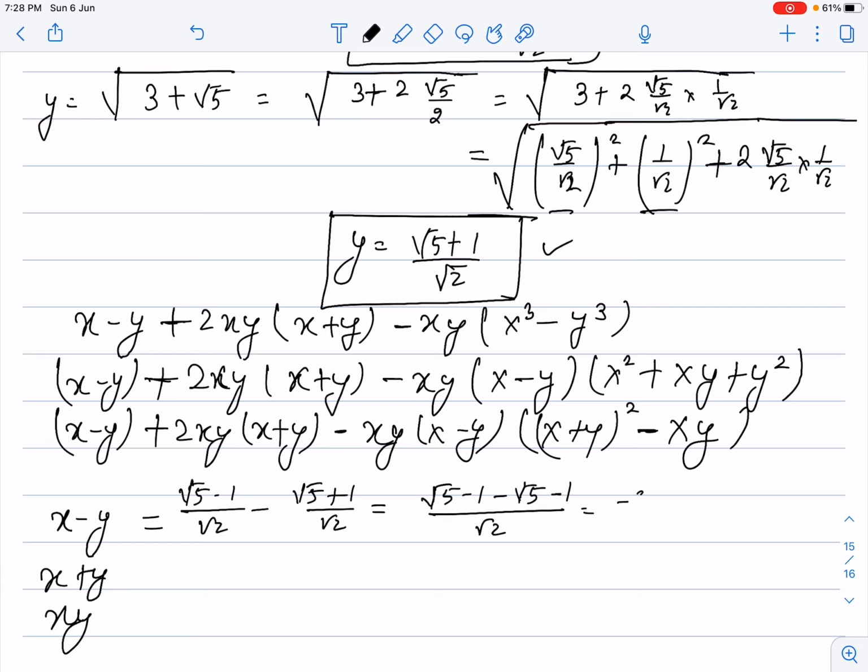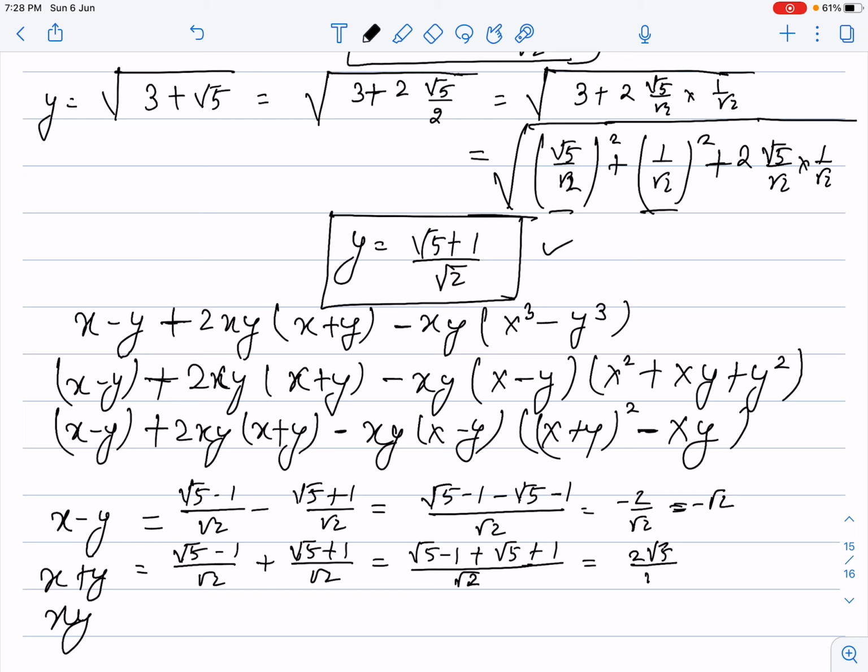That means minus 2 by root 2, that means minus root 2. Now let's see, x plus y will become what? Root 5 minus 1 by root 2 plus root 5 plus 1 by root 2. That can be written as root 5 minus 1 plus root 5 plus 1 divided by root 2, and that will become 2 root 5 divided by root 2, that is root 10.